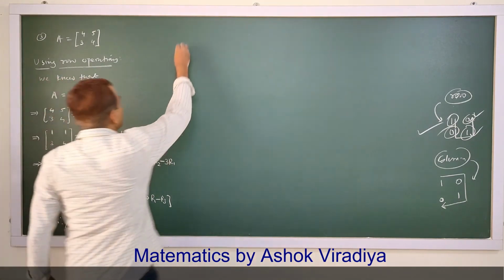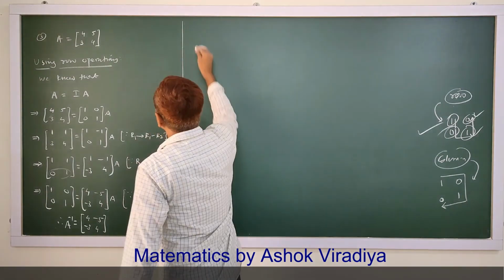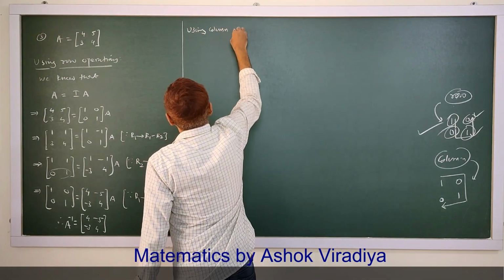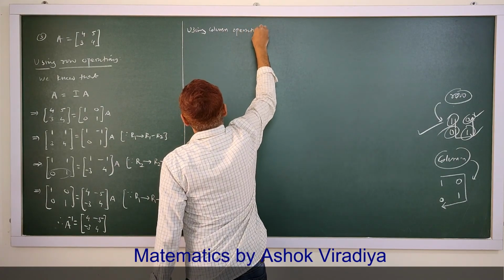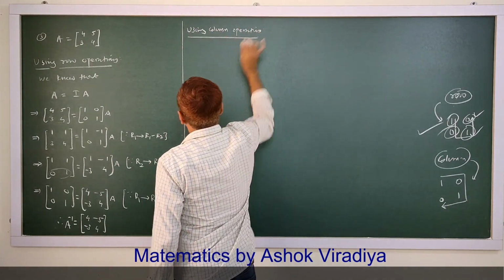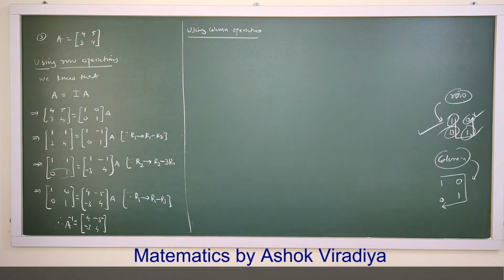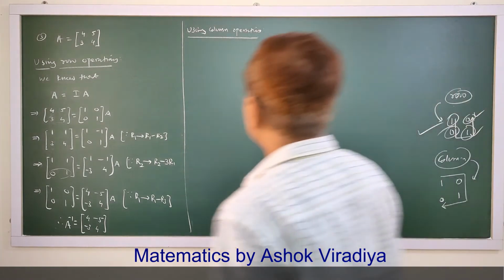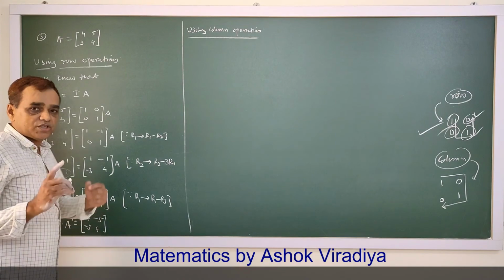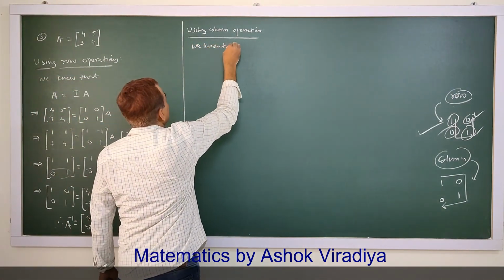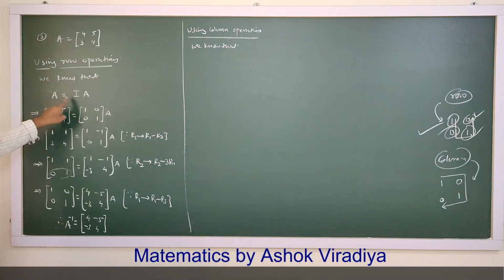If we perform this question by column operations, then starting will be, in row operation we use this equation.